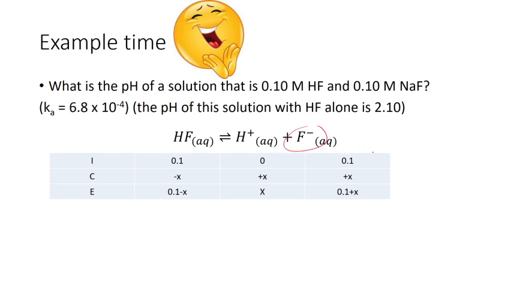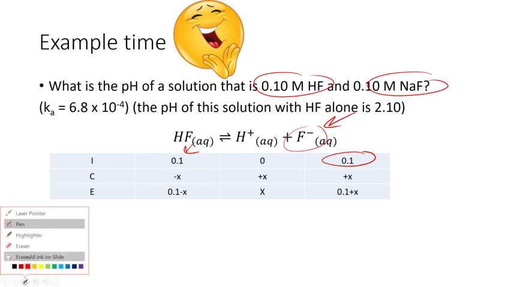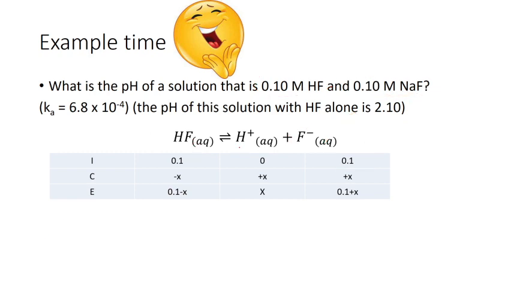So initially, we also have 0.1 molar concentration of fluoride in our solution, right? So the 0.1 molar for hydrofluoric acid comes from here, and the 0.1 molar for fluoride comes from here. So that's why we start out with some of our products in this case.